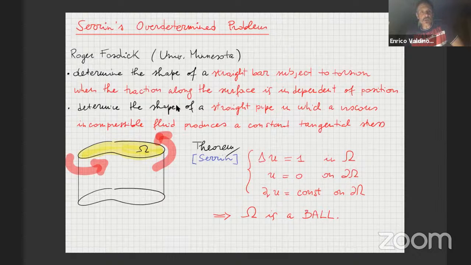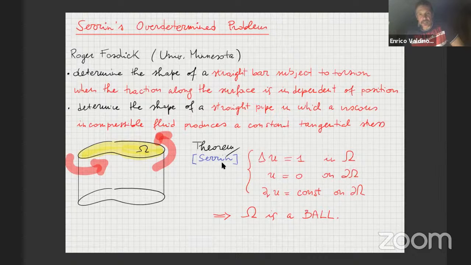The additional condition comes from the traction being independent of position, or if you think about fluid dynamics, comes from the fact that the tangential stress on the pipe is constant. Okay, so you have an additional condition that is of Neumann type along the boundary of omega. So of course, not many domains omega admit a solution of this type.